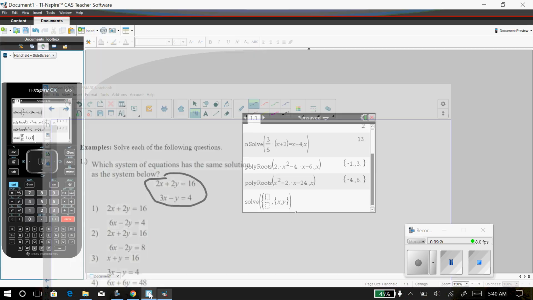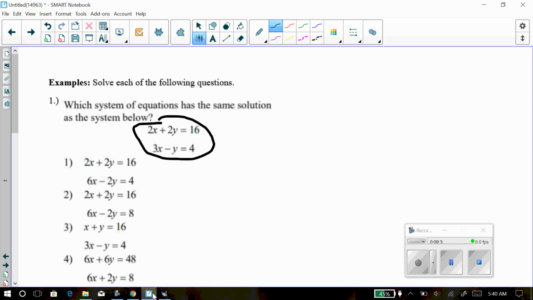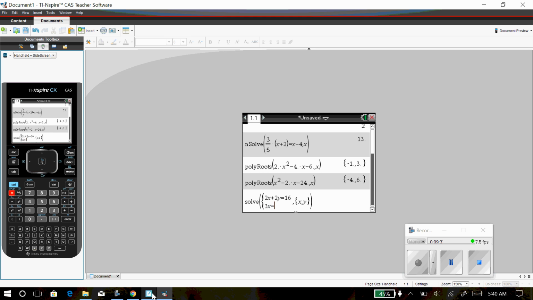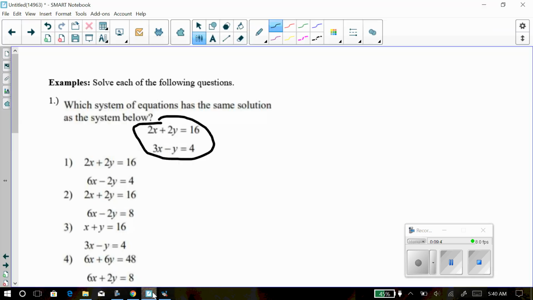And now let's type in 2x plus 2y equals 16. And then let's type in 3x minus y equals 4. Enter. So it tells me that x equals 3 and y equals 5. So I'm just going to write that off to the side here. X equals 3, y equals 5.